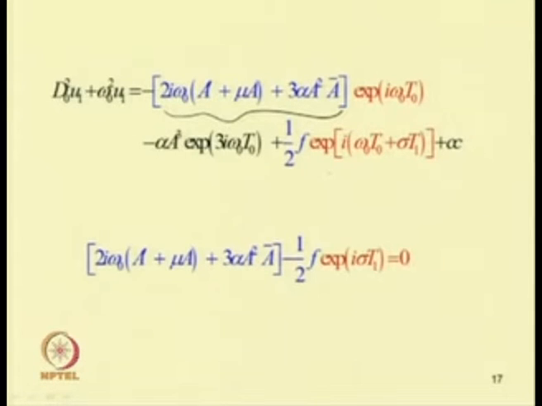Similarly, for small value of sigma, this term is also a secular term, or will be unbounded. So one can take this term and this term to get the total secular and mixed secular terms, and eliminate them.